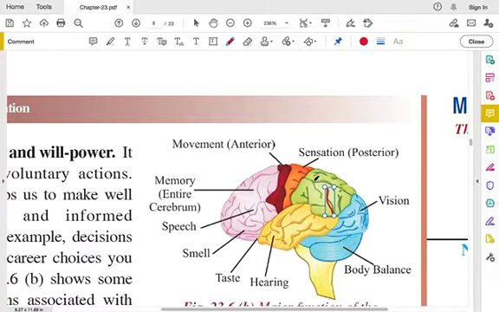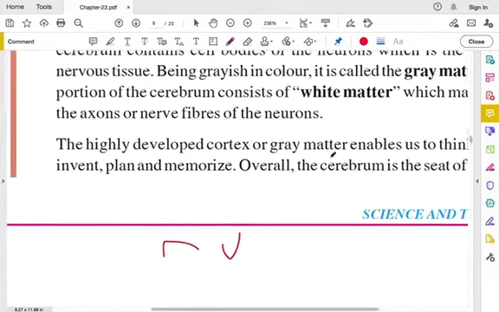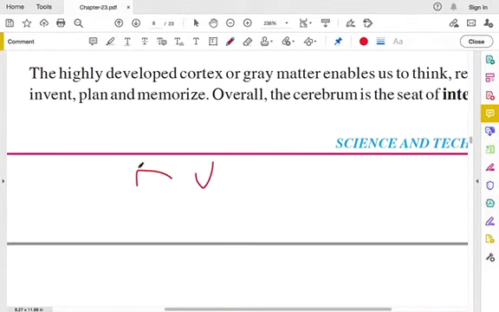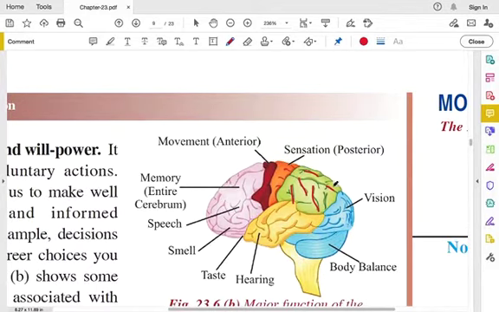These are the convolutions on this hemisphere. They are convoluted with ridges and grooves.